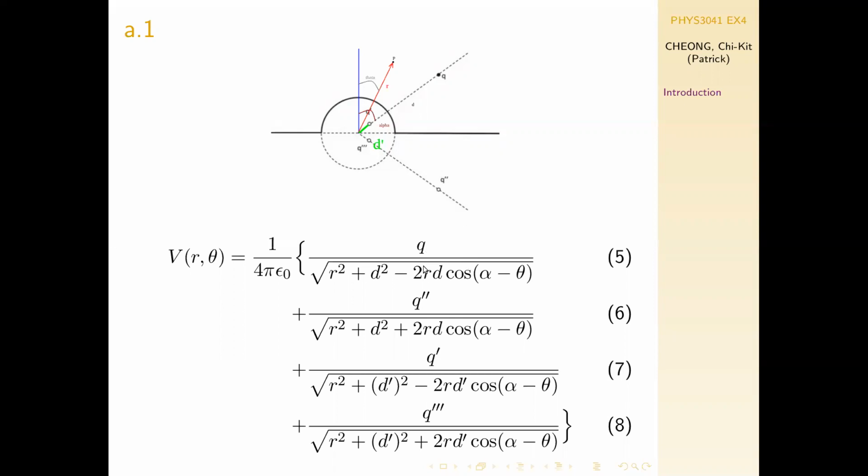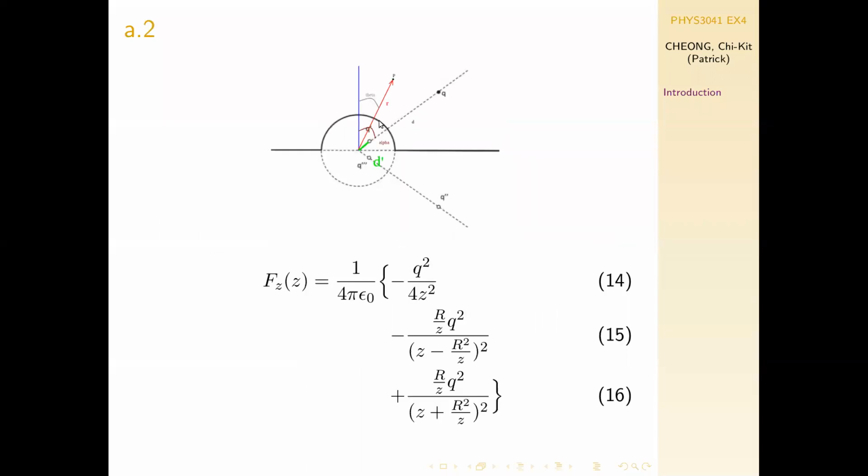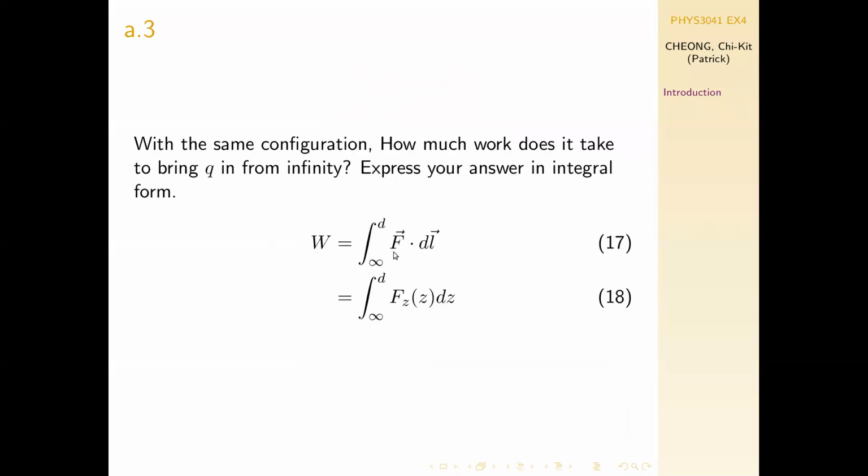So you just need to add all the potentials one by one. Also, once you know all the locations of the image charges, you can straightforwardly work out the force acting on the point charge Q. And then with the integration, you can work out the work done to bring Q in from infinity.